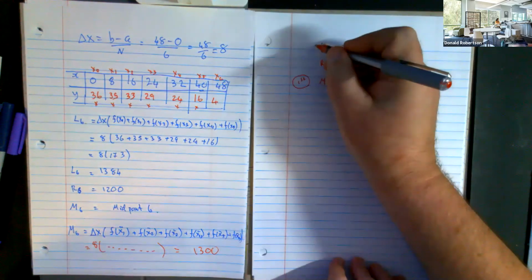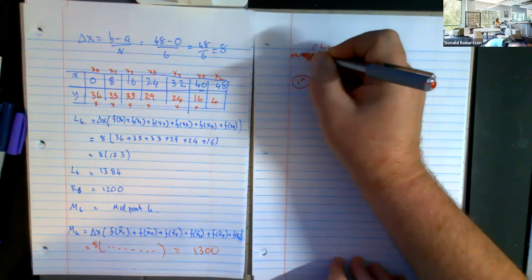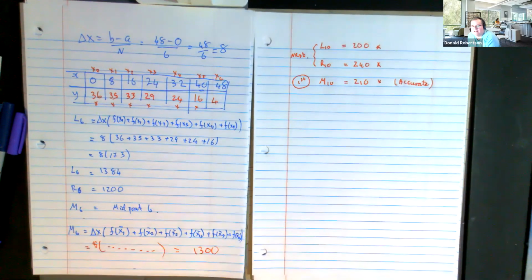And then these 2 are equally good, equally bad, and they're next. So if you only had time to do one estimate, choose the midpoint one if you can. In general, it will give you a better, i.e. more accurate answer.